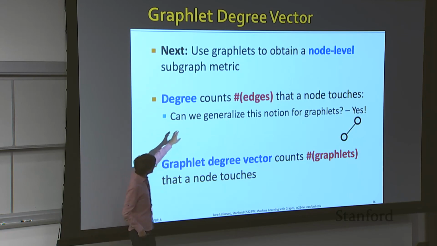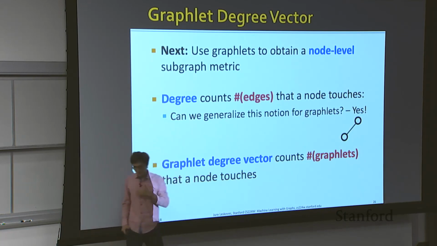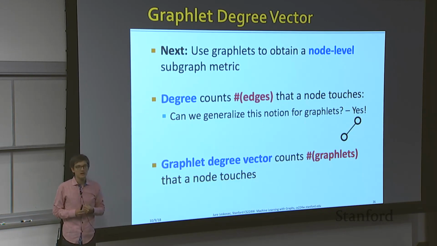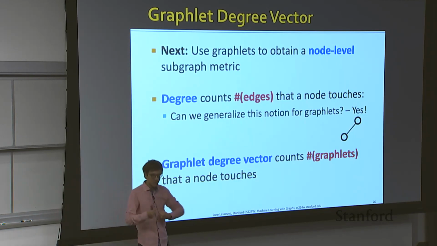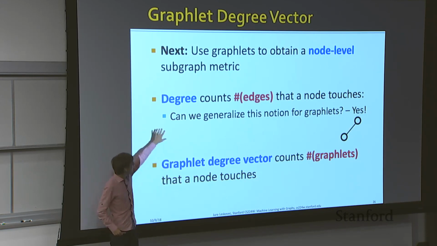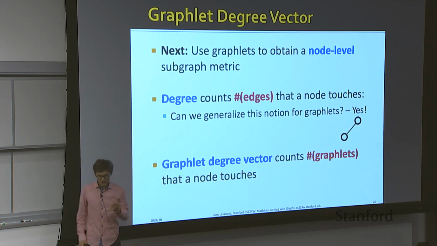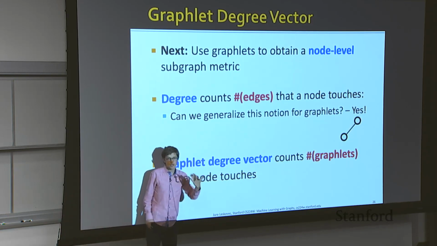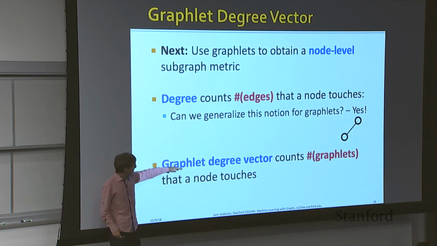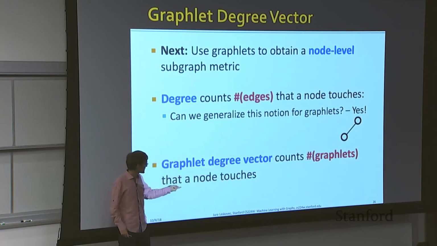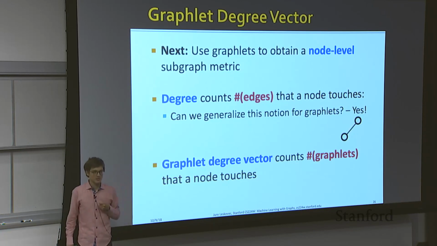One way you can think of it is that this is a generalization of the concept of the degree of a node, which is the number of adjacent edges to the node, right? So degree is the number of edges that a given node touches. And graphlets are a generalization of this, where the graphlet degree vector counts the number of graphlets that a given node touches, right?